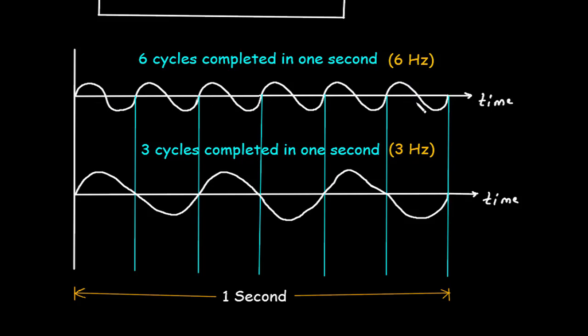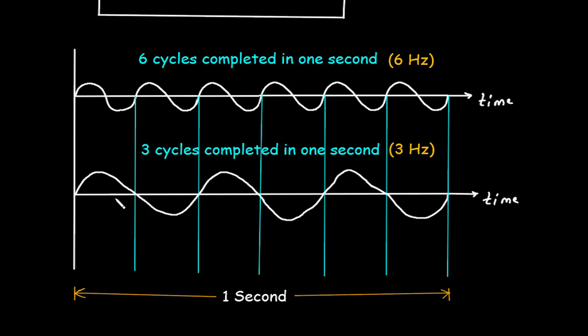So here 6 cycles are repeating, and how much is the time period? It is 1 second. The definition of frequency is the number of cycles completed in 1 second. So here 6 cycles completed in 1 second. That means the frequency of this waveform is 6 Hz.